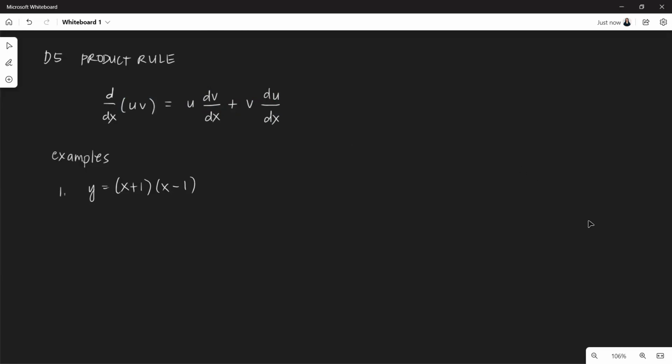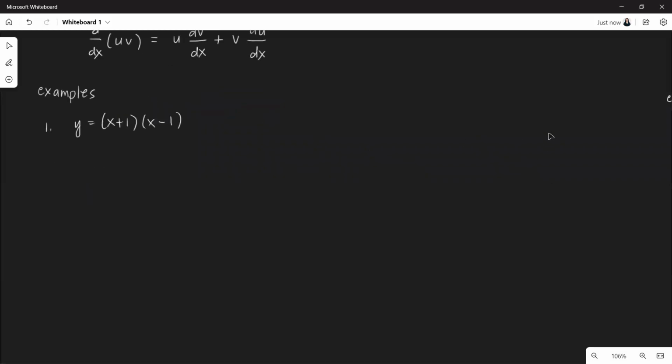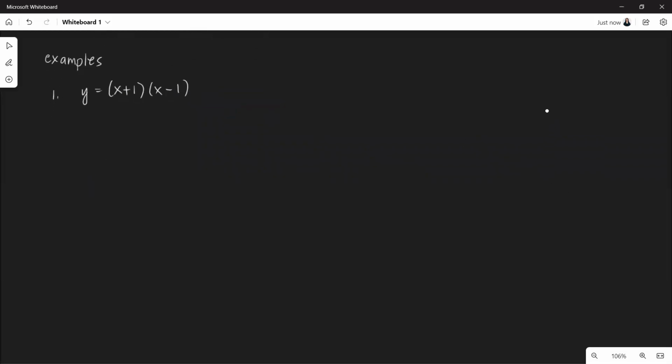Okay, so for example, we have the product of x plus 1 and x minus 1. So it's either you multiply first and then apply the other formulas, or you use the product rule. So this is our u, the first function is the u. So let me just write them down.